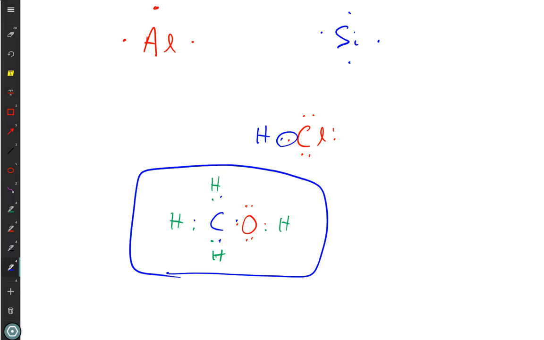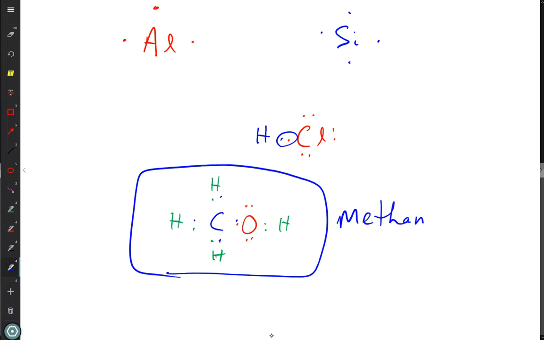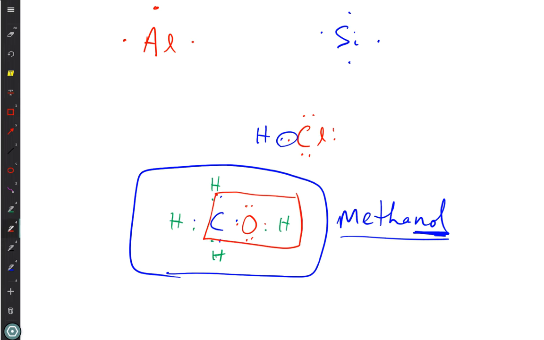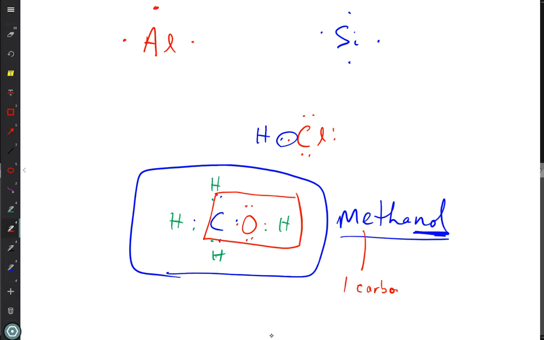That's not it. The actual name is methanol. We have that all there because it's an alcohol. It has the functional group of the alcohols, which is this right here, a carbon with an OH bonded to it. The meth means that it's 1 carbon. So that's methanol.